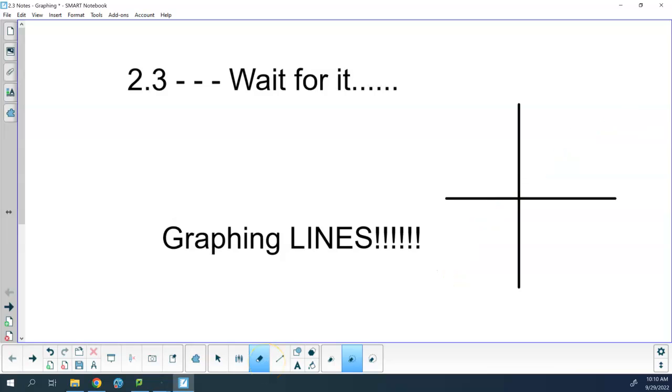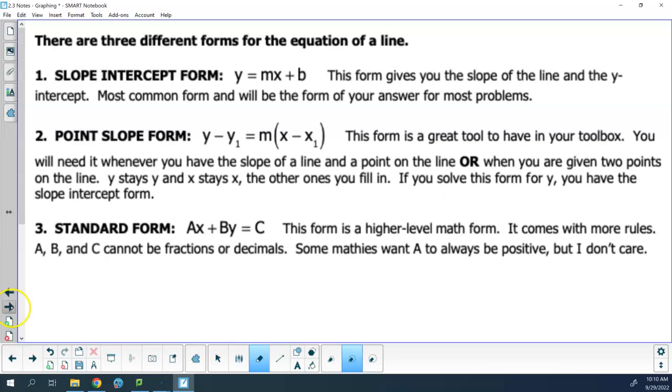Let's do this. So we're graphing lines today. There are three different forms for the equation of a line, and you're going to need to know those three equations at some point.